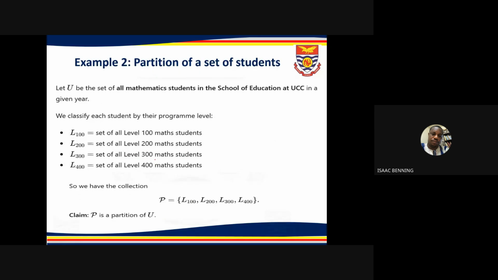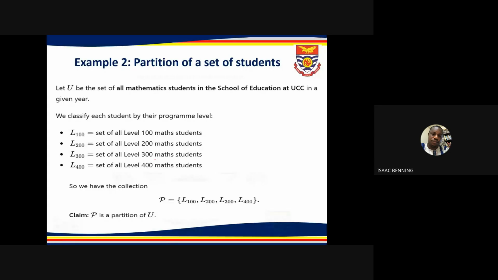Another illustrative example of a partition of a set is this. Let U be the set of all mathematics students in the School of Education at UCC in a given year. We classify each student by their program level. So level 100, the set of all level 100 math students.